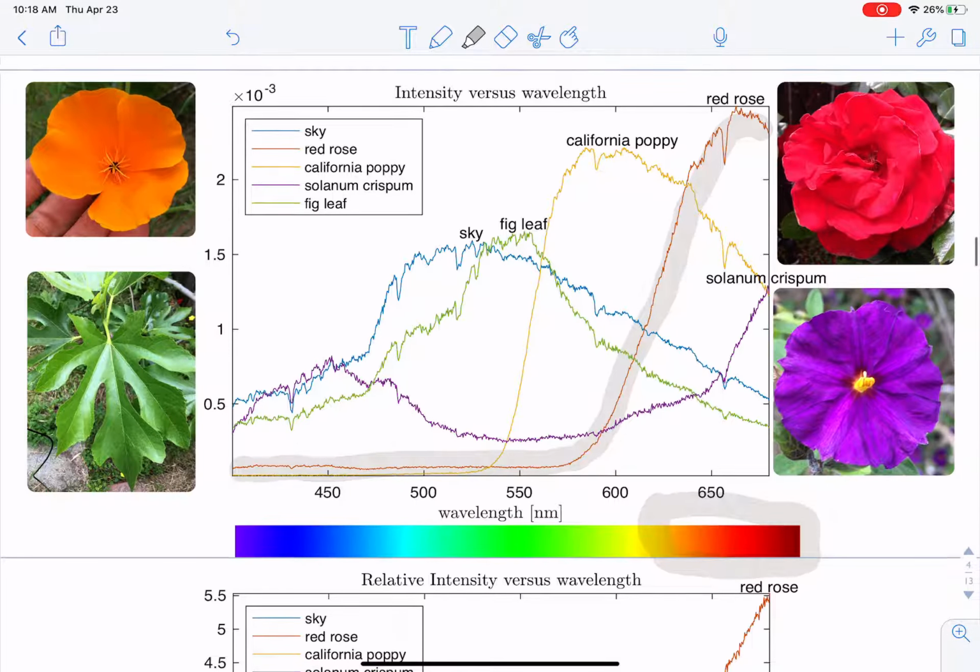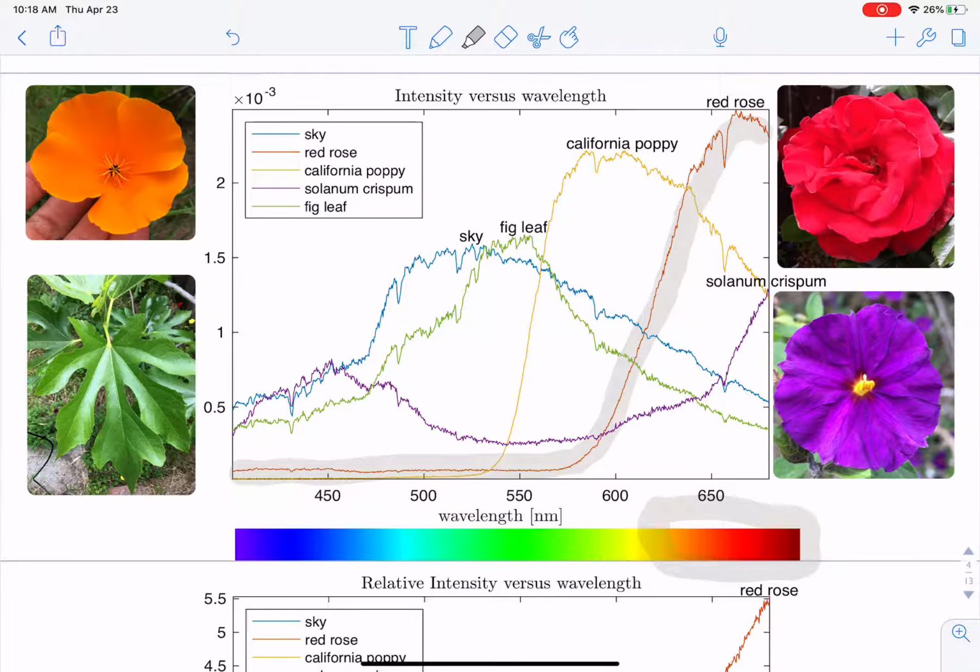So it's just the red. Now this purple flower over here, commonly known as a potato vine, has this interesting shape where it has this blue range, the violet over here on the left. It's got a hole in the green, and then it picks up again at the red.